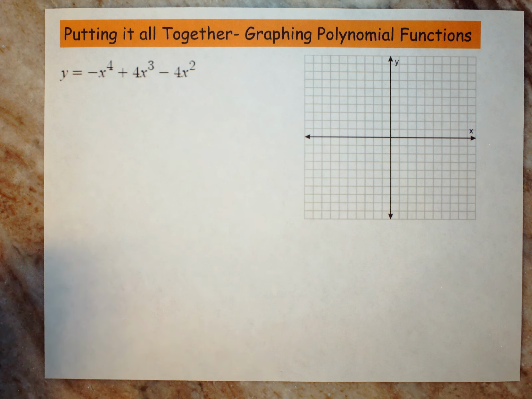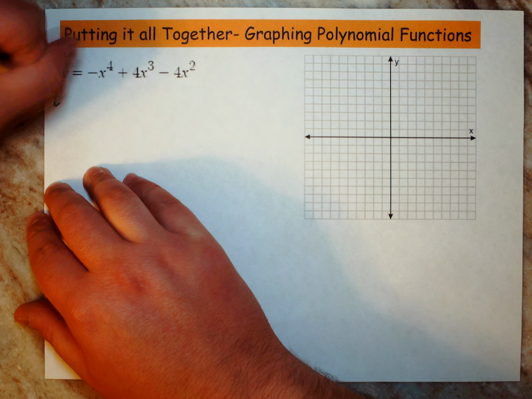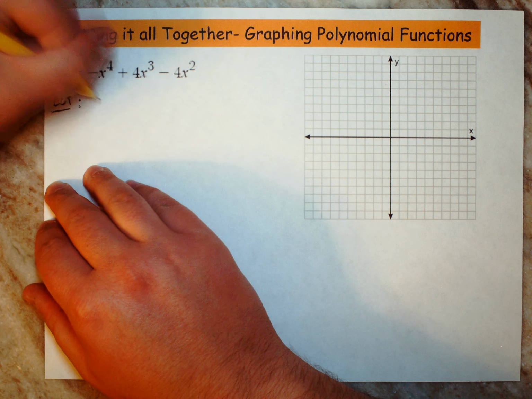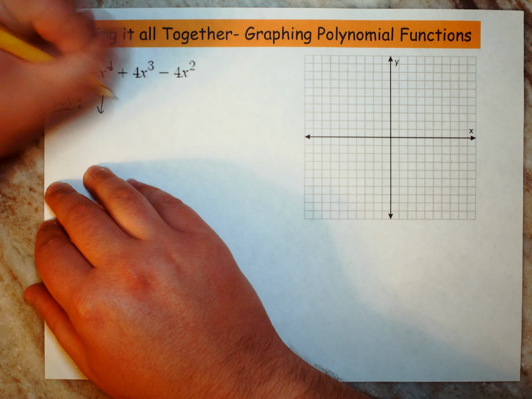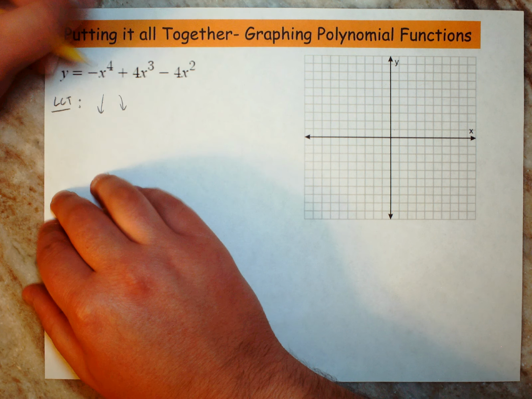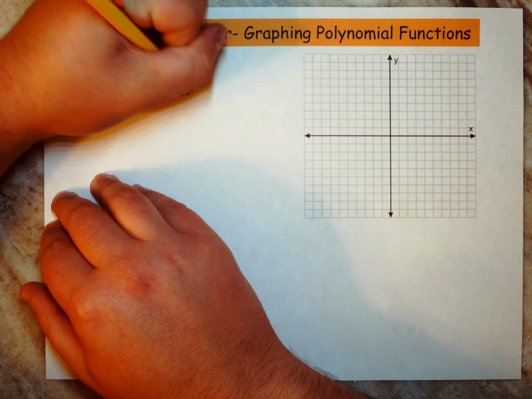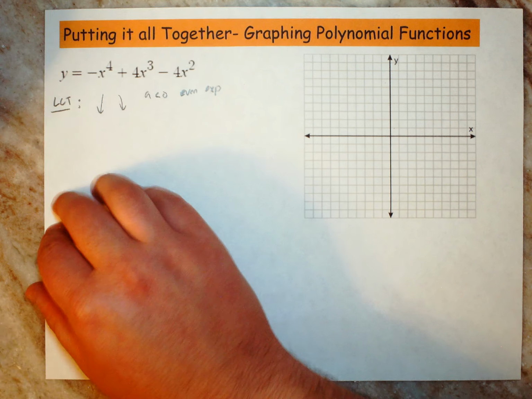All right, last one, putting it all together. So first thing we're going to do, leading coefficient test. This is going to fall left, fall right, because a is less than 0 and we have an even exponent.